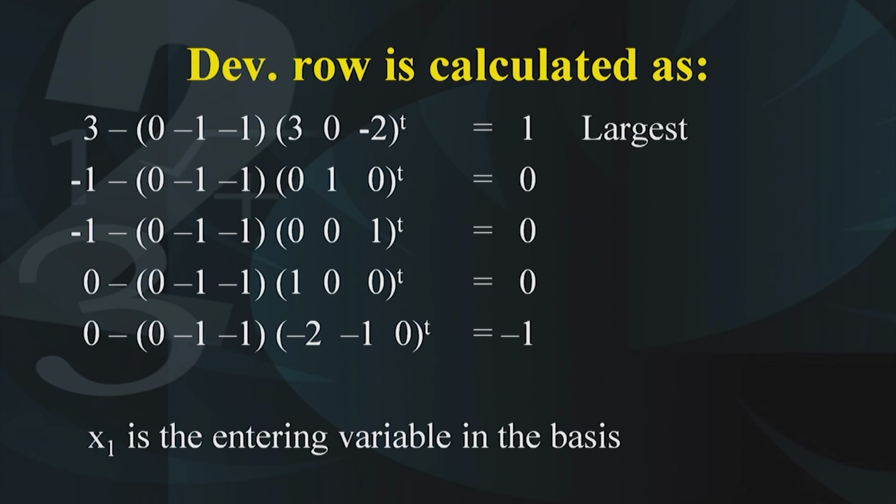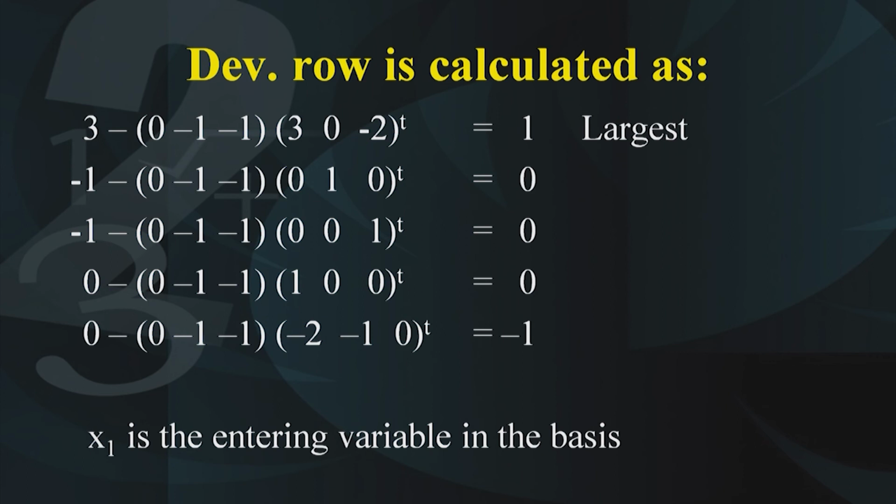And obviously, as I said, x2 is a basic variable, x3 is a basic variable and x4 is a basic variable. Therefore, their entries have to become 0. The only non-zero entries will be the first one and the last one, and the last one is nothing but 0 minus (0, minus 1, minus 1) multiplied by (minus 2, minus 1, 0), which comes out to be minus 1.